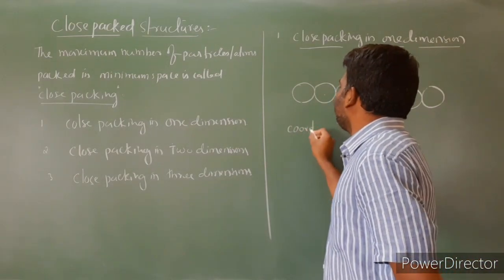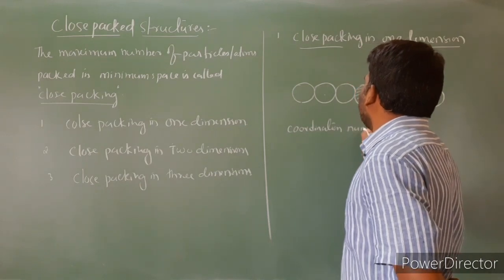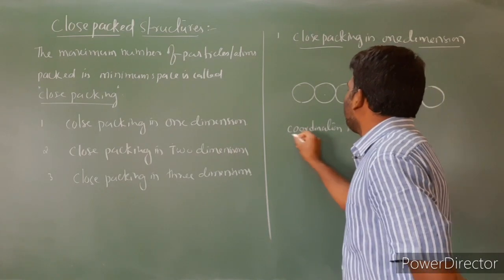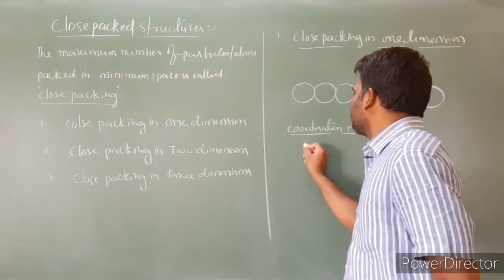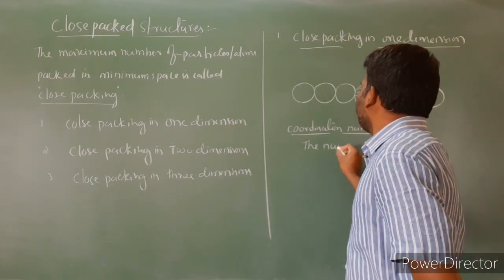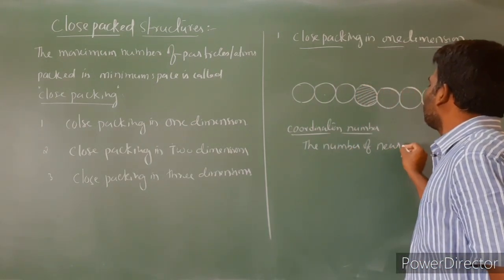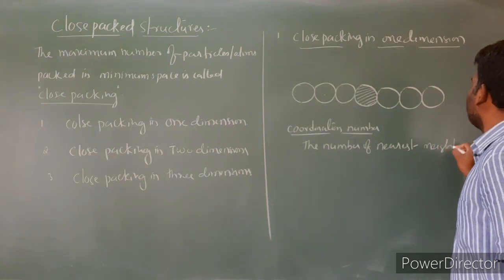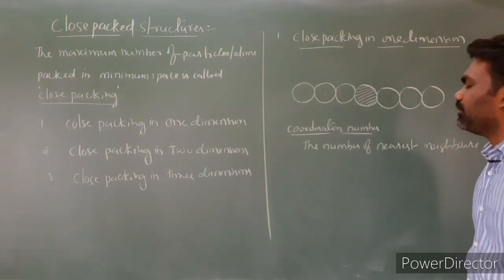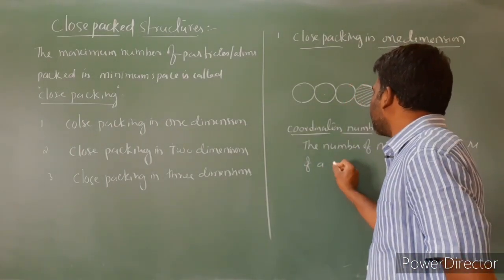Coordination number is defined as the number of nearest neighbors of a sphere or particle.